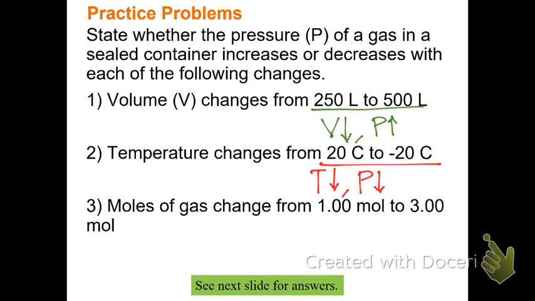And finally, moles of gas changes from 1 mole to 3 moles. So this is an increase in number of moles, and number of moles has the symbol n. So if there was an increase in the number of moles, pressure also increases.